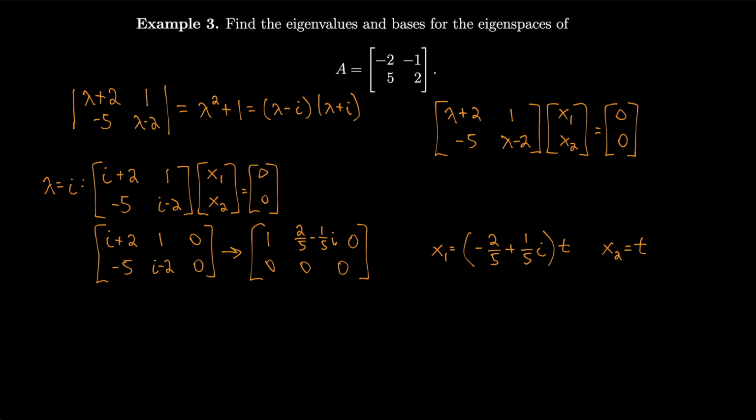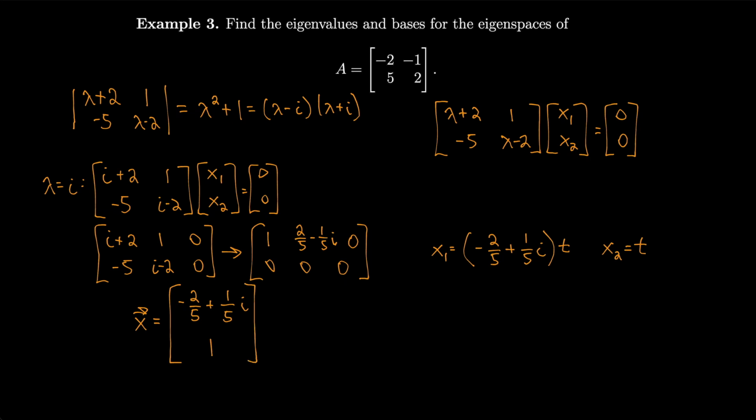Because notice I have x1 plus this thing times x2 equals 0, so I just subtract this off and then set that equal to x1. So that means that my vector x is equal to, for the x1 component, -2/5 plus 1/5 i, and then 1 for x2.